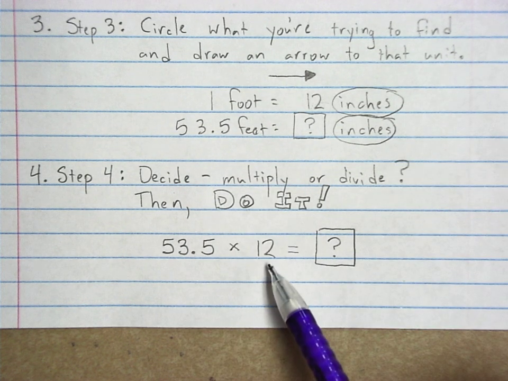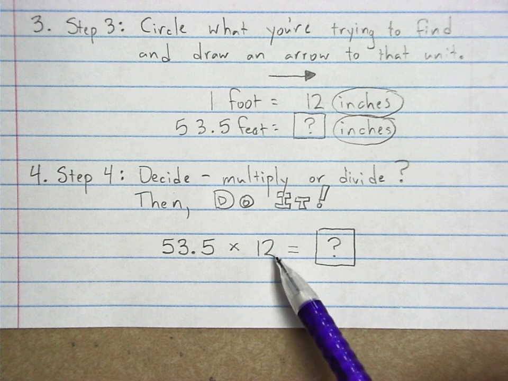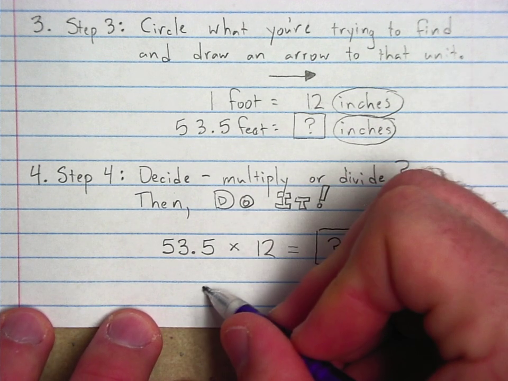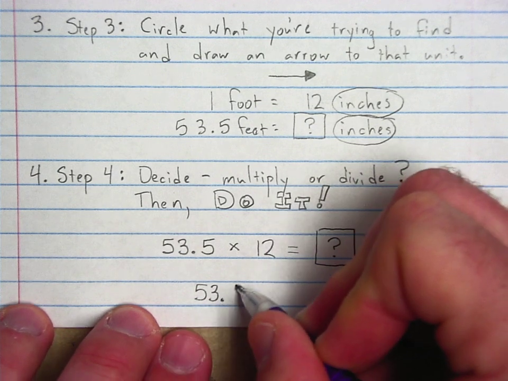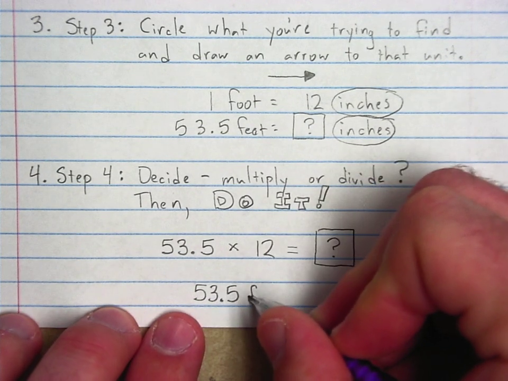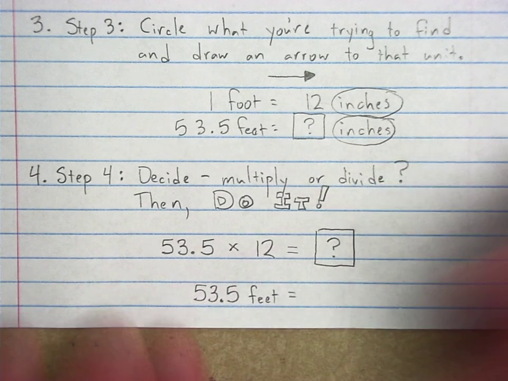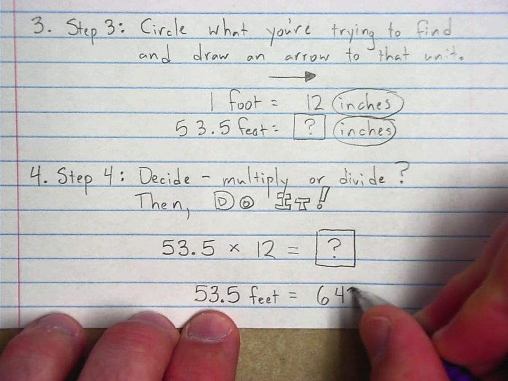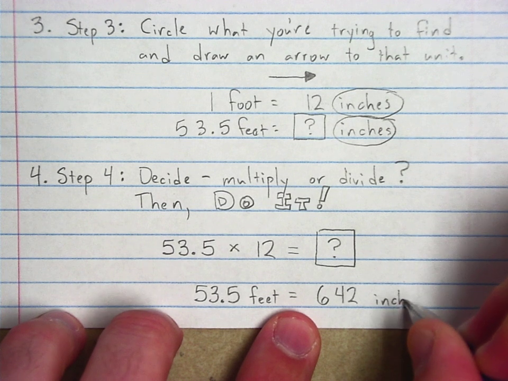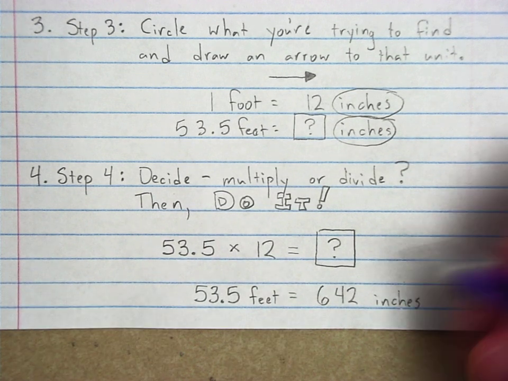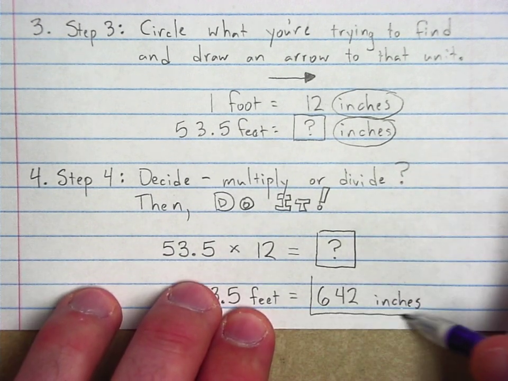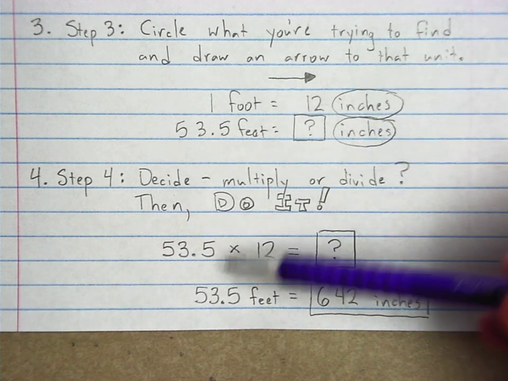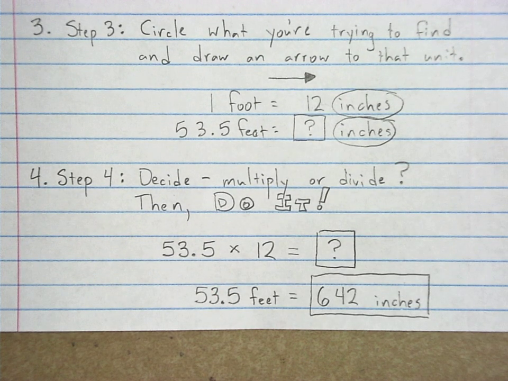If I multiply this, I should find that my ultimate answer, 53 and 5/10 feet, is equal to 642 inches. Okay. This is my final answer. This is the converted number. These two are equal, they're just different ways of looking at it.